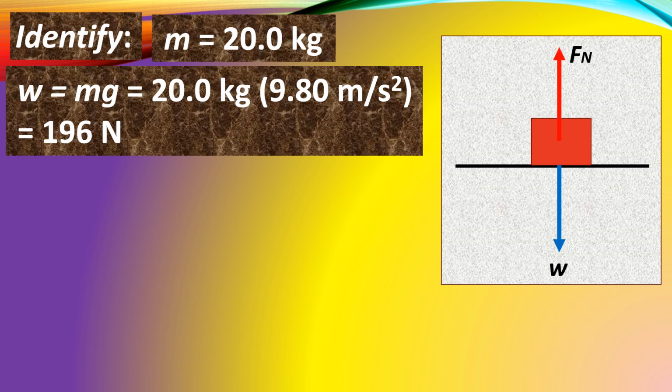Now this weight is balanced by the upward force of the horizontal surface, which is the floor, denoted here by capital F sub n, also known as the normal force. So this weight of the crate, equal to 196 newtons, is just equal to the magnitude of the normal force F sub n.